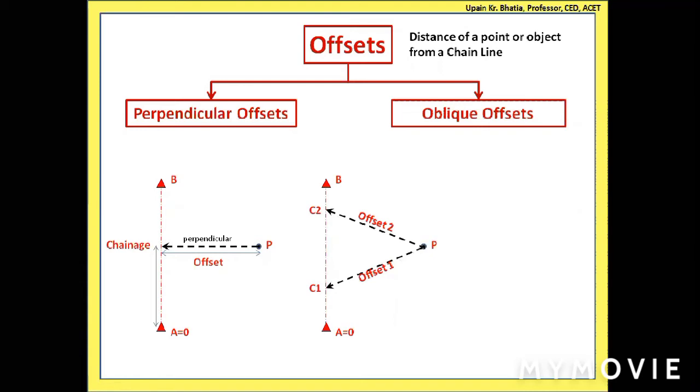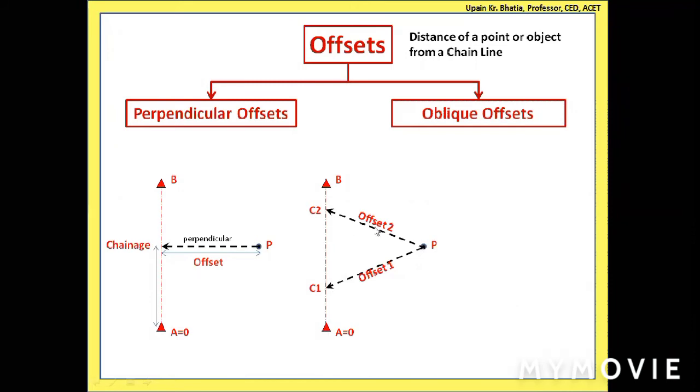The thing is, wherever you find a convenient point on the chain from where this distance P to C1 is observable easily, because there may be some other obstruction also in the vicinity. So wherever you find a convenient space from P to the chain line, you simply measure this offset and note down at what chain edge you have measured it.